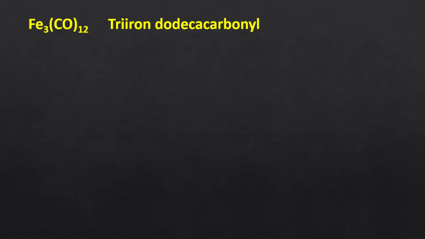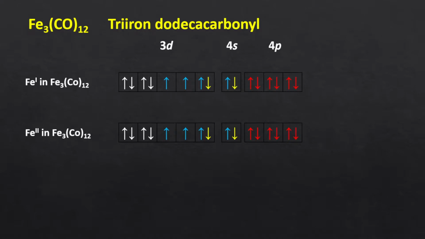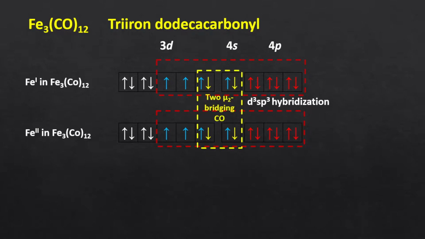In the tri-iron dodecacarbonyl complex, we have 2 different types of iron. 2 iron atoms undergo d3sp3 hybridization and share 2 mu2 bridging carbonyls. These 2 iron atoms accept 2 pairs of electrons from the 3 carbonyl ligands in their 3 vacant d3sp3 hybrid orbitals.